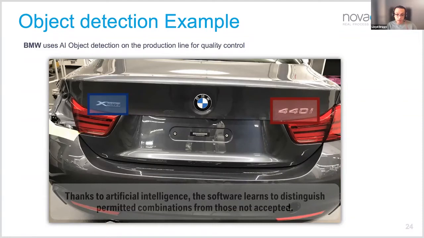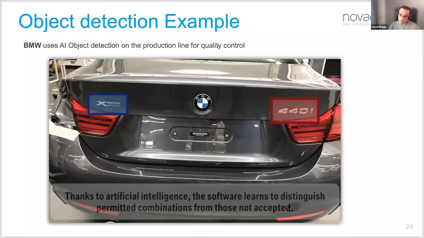So xDrive and the combination of 440i. These combinations can only be used in certain fittings of the car. So they're using AI to detect those badges and warn if those badges are implemented on the wrong vehicle or the wrong order.